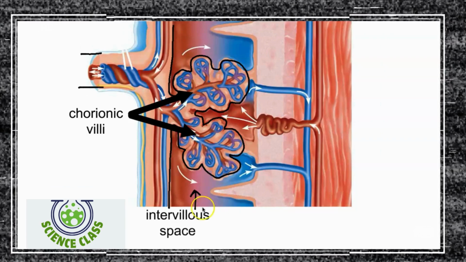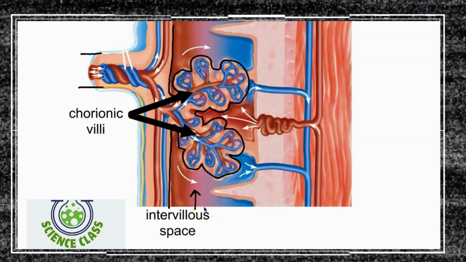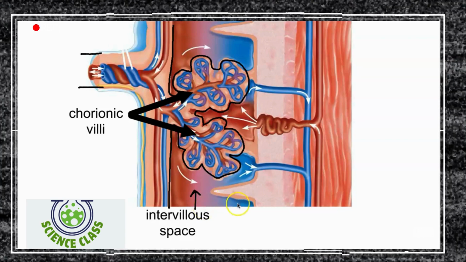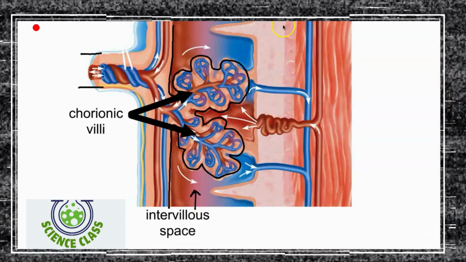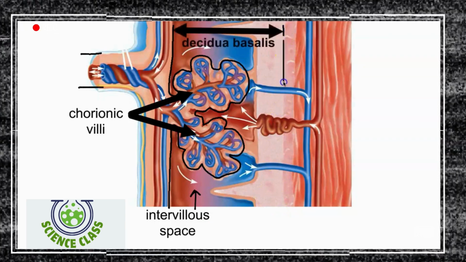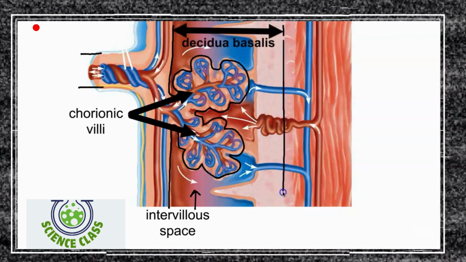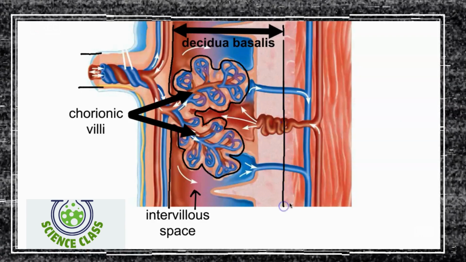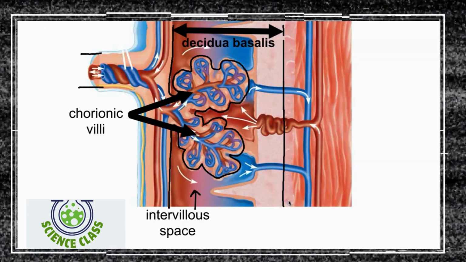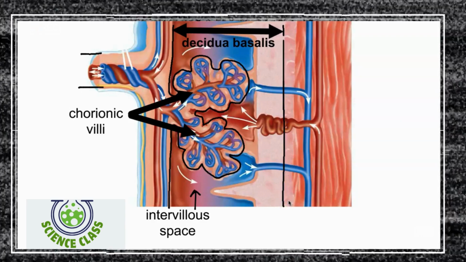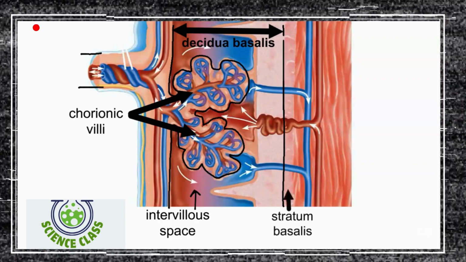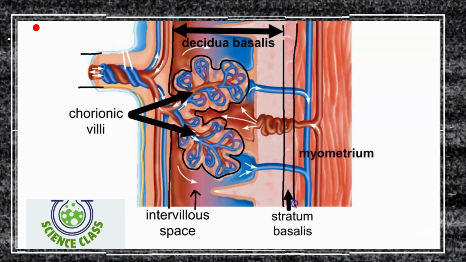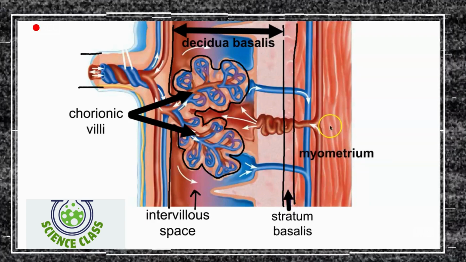And the intervillous space is part of what used to be known as the stratum functionalis, but now this portion of the endometrium is known as the decidua basalis. The decidua basalis is the maternal portion of the placenta, and the chorionic villi are the fetal portion of the placenta. The placenta is in contact with the stratum basalis, and that is still in contact with the myometrium.